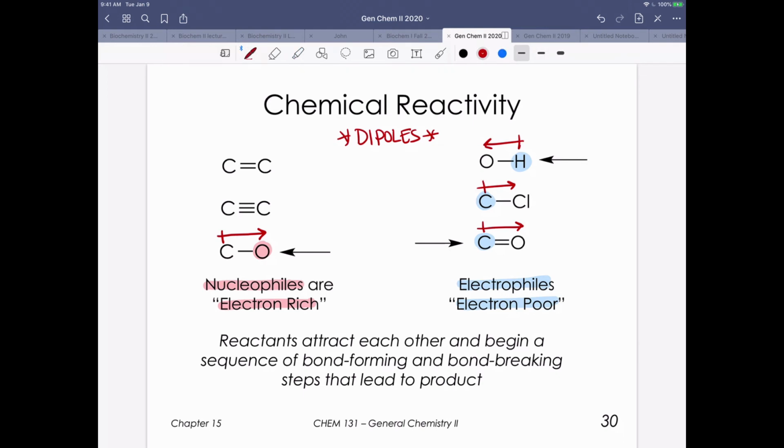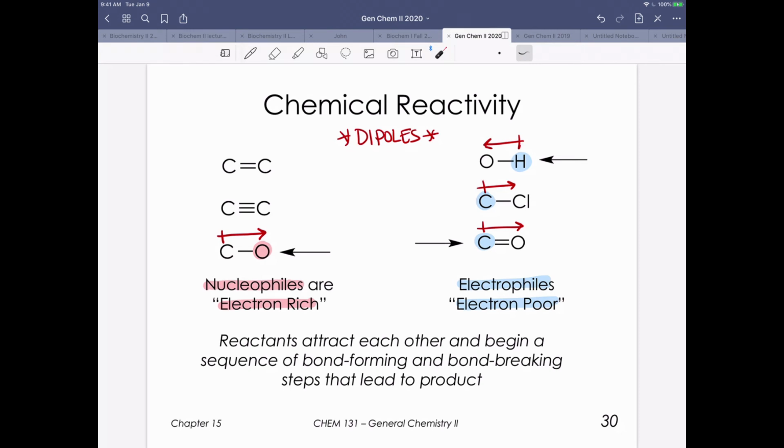If you learn this early on, it will help so much in organic chemistry. Just like we know with magnets that opposites attract, when we do chemistry, we have reactants that do chemistry with one another because we have things that are electron rich, that have electrons to donate to participate in chemistry, and we have species that are electron poor, electrophiles, that are happy to take in electron density.